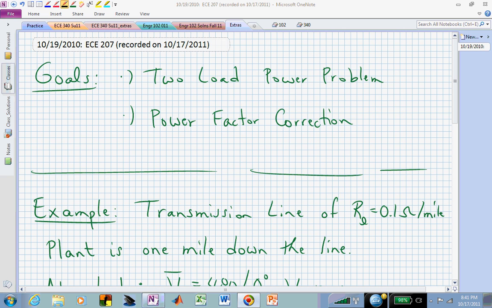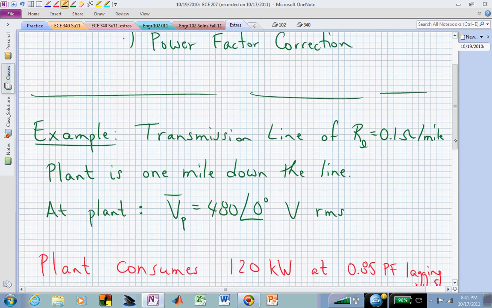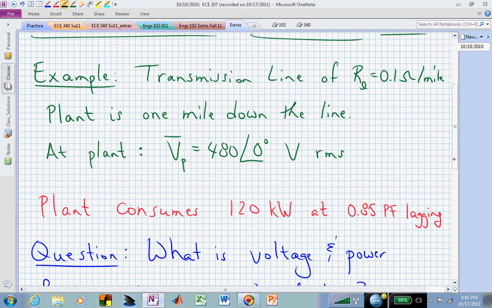We'll start with the two-load power problem, and here is the example which in the last session was introduced. We didn't get all the way through it, so today hopefully we will finish this problem up. We have a transmission line that has a pure resistive behavior, and we're modeling that resistive behavior as a resistance of 0.1 ohms per mile.